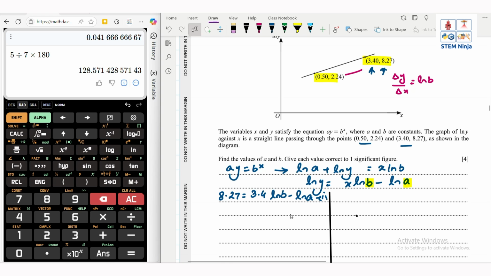This is your first equation. Second equation is going to be 2.24 equals to 0.5 ln b minus ln a. This is your second equation.